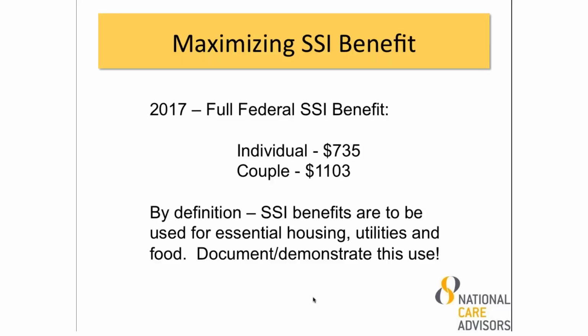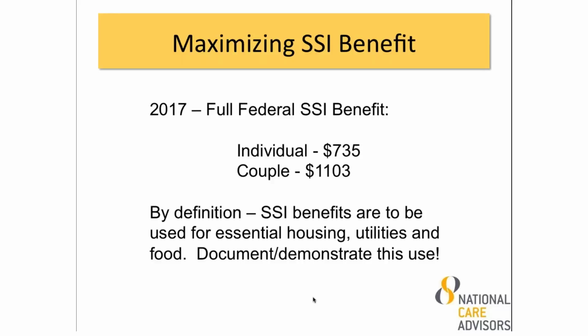So that's important to note, because if an individual is getting supplemental security income, they're not going to get one dime over $738 a month in 2017. It could be that they will get less if the Social Security Administration feels they're getting significant support from another resource, especially within their own home.